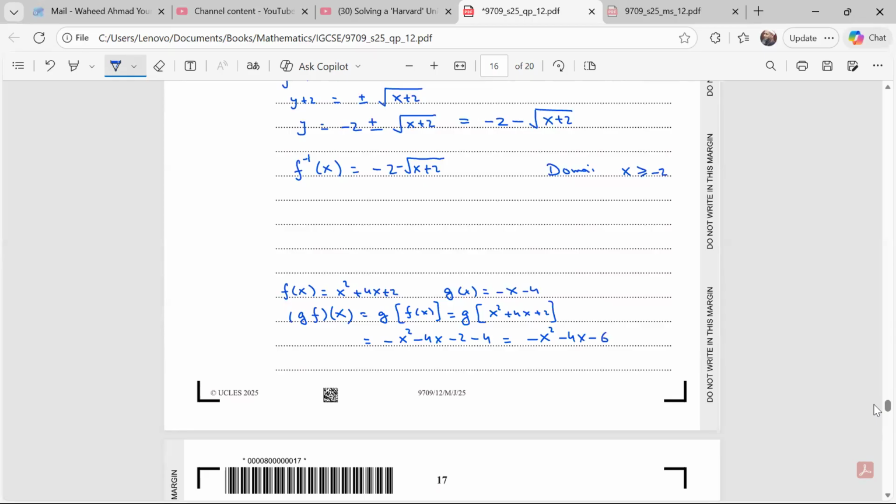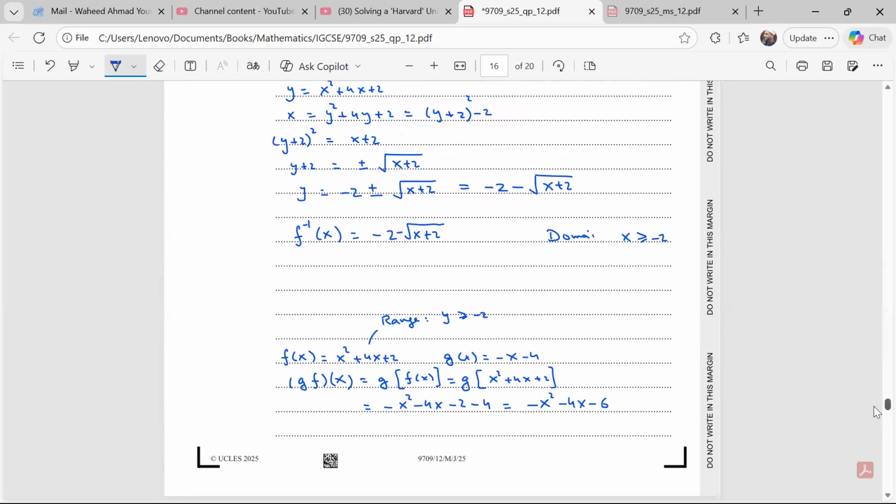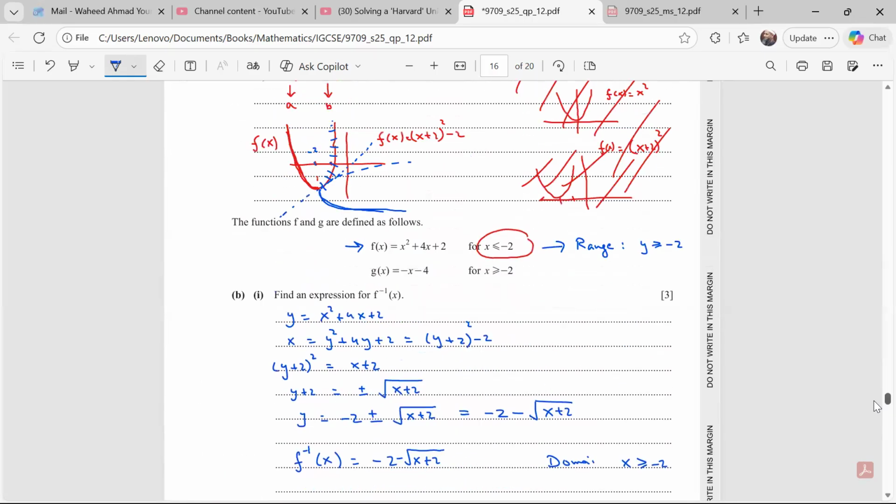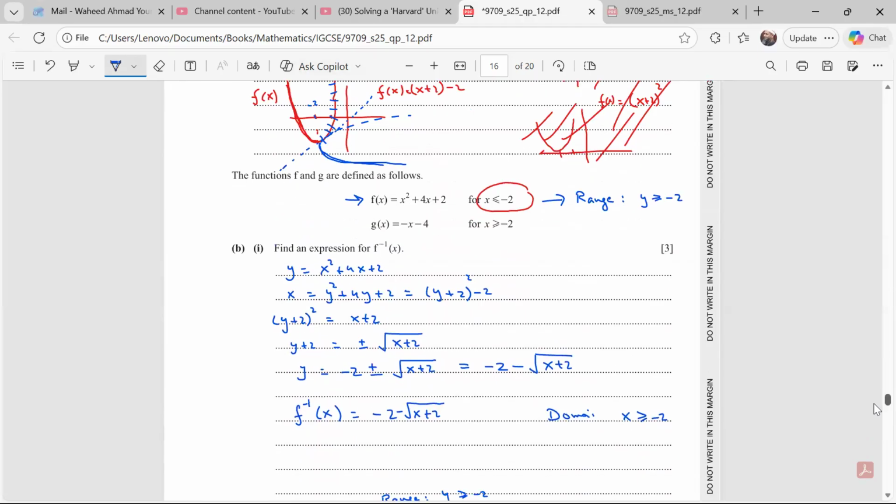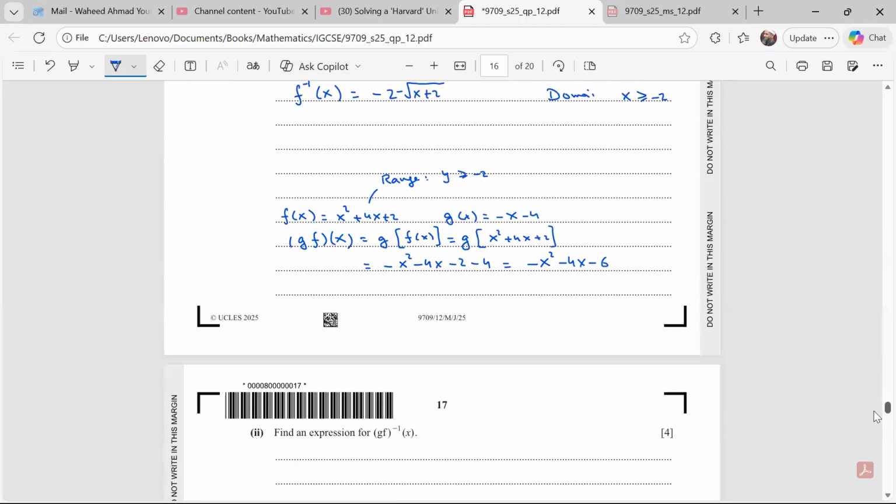Okay. Now, the range of this f of x was that y was greater than or equal to minus 2. Remember, we talked about it before. The range of this first function, this is my f of x, is from minus 2 above, right? Okay, so that will become the domain of this second function.